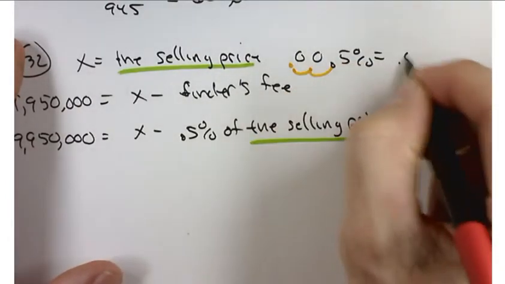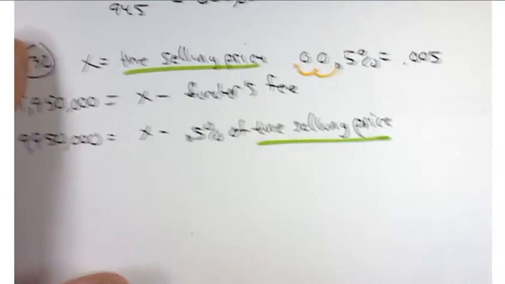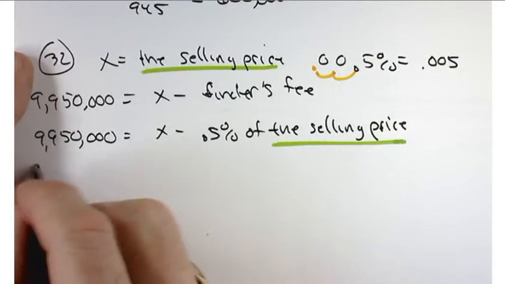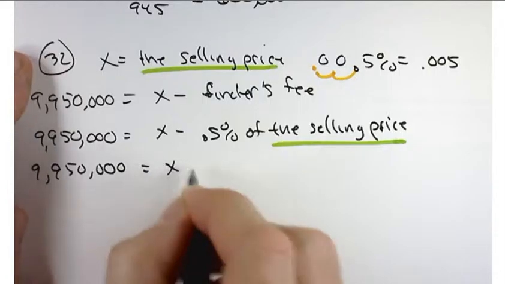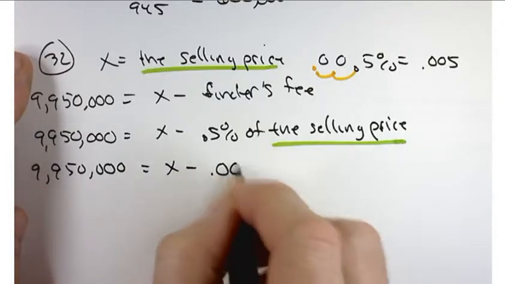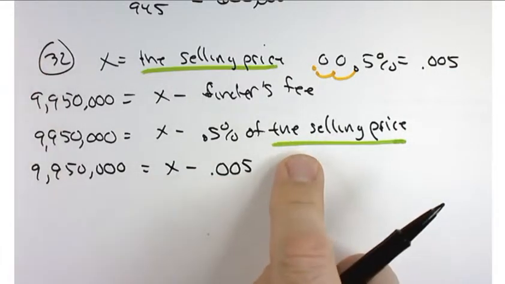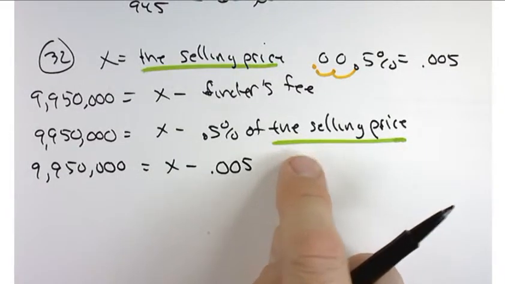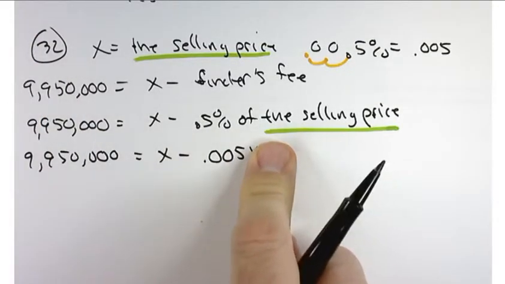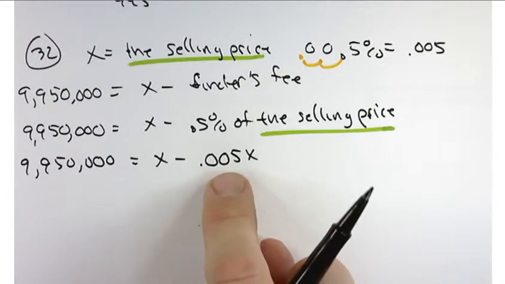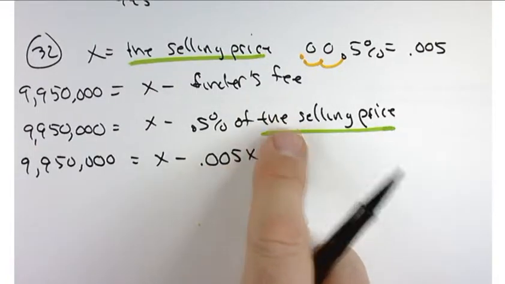So 0.005. 9950000 equals X minus 0.005. Is that enough? Just 0.005? X. Good. You need the X. It's not just minus half a penny. It's minus 0.5% of the selling price.